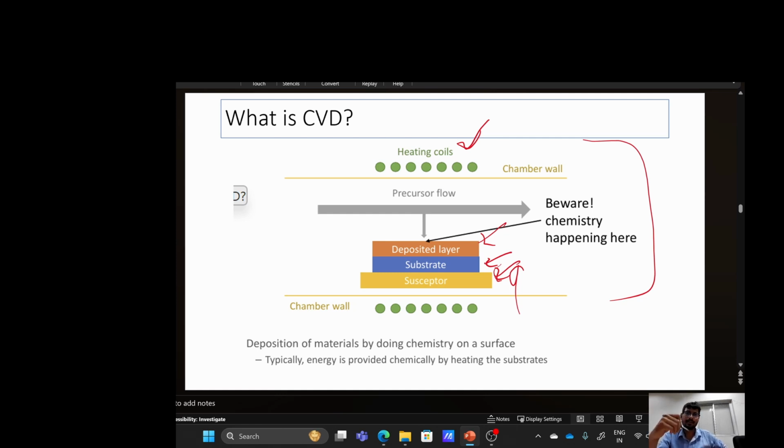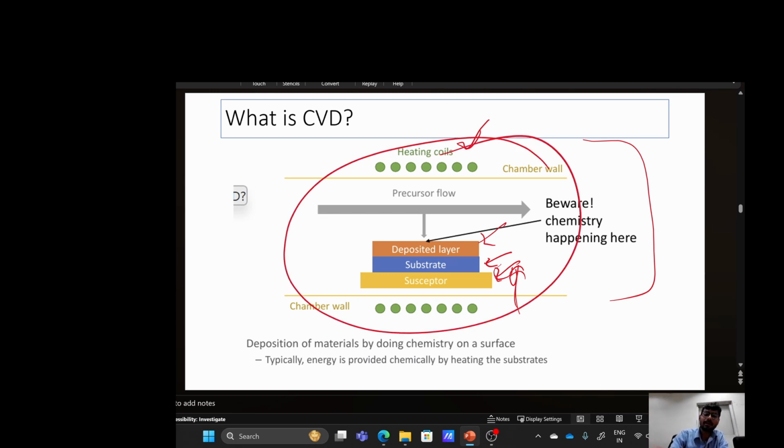Also the contamination should be very low, so there should not be any metal inside, because as we have seen previously, metal diffuses very fast inside silicon. So inside the chamber there should not be any metal.